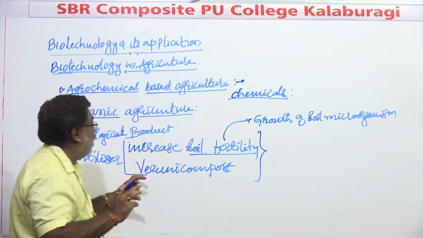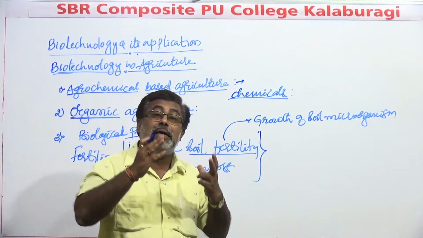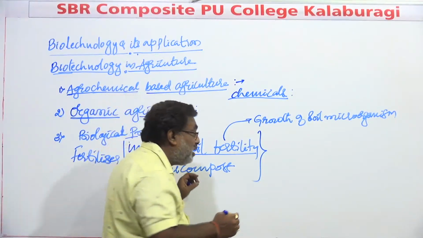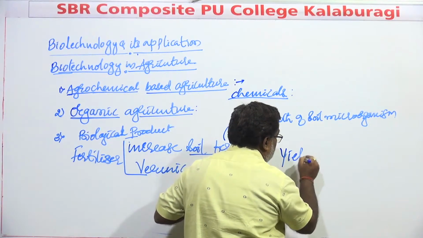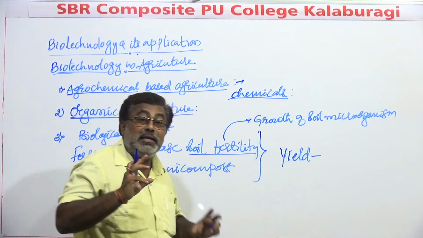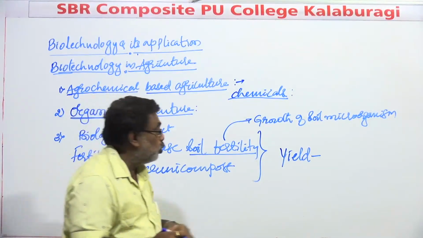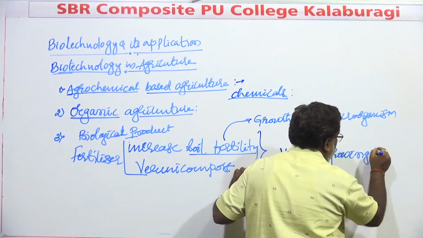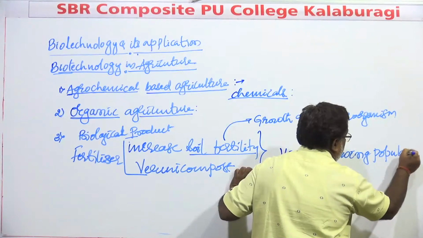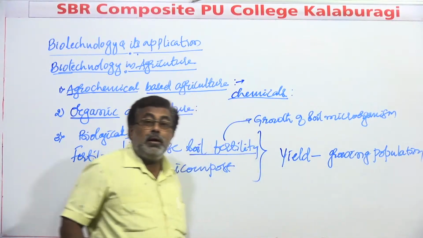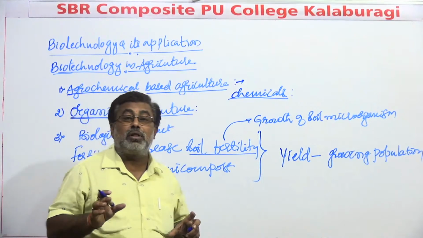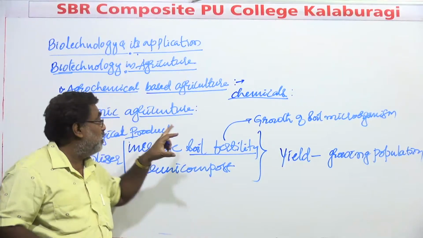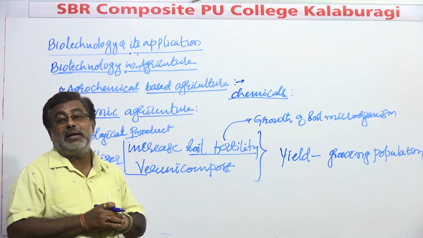By this, the yield will increase, but the yield is not sufficient for the growing population, in both agrochemical based as well as organic based agriculture.